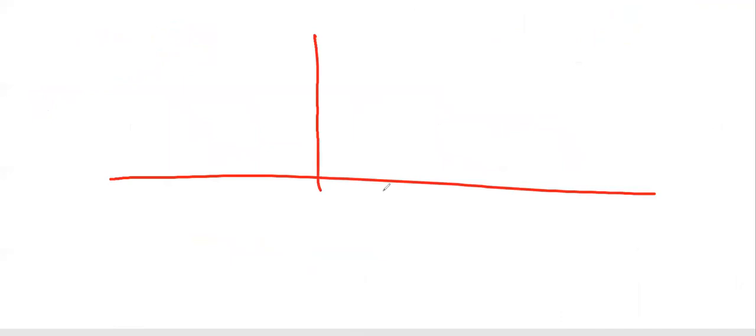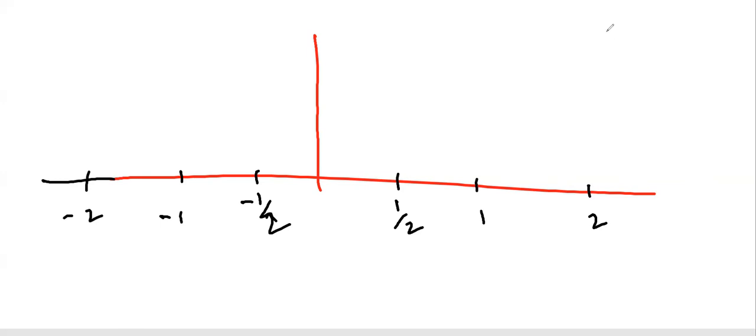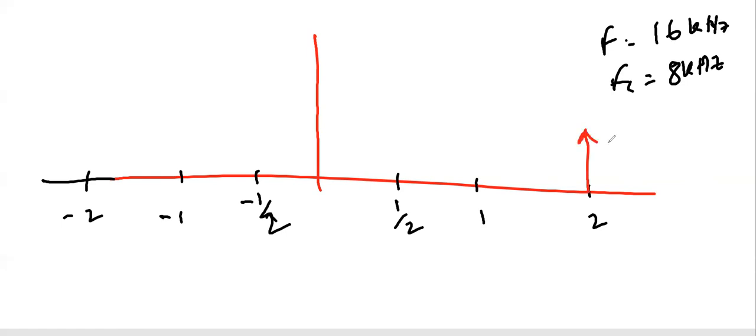We are at the very end portion. If it is like half, 1, this is like 2. What was the example? Minus half, minus 1, and minus 2. So for f equal to 16 kilohertz and Fs equal to 8 kilohertz, what we have done, we have shown that this is the value for 16 kilohertz.